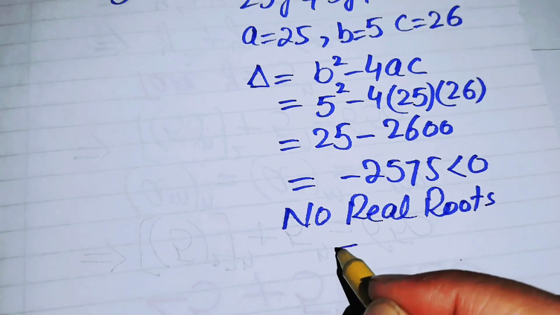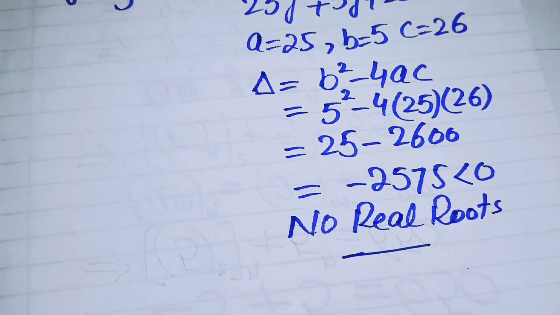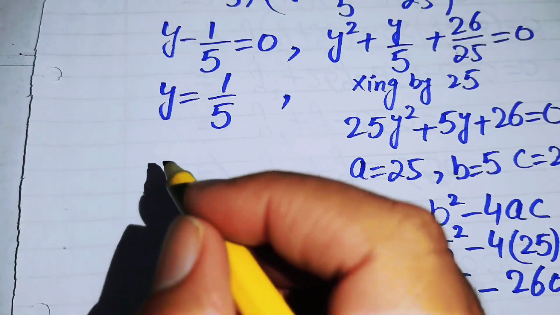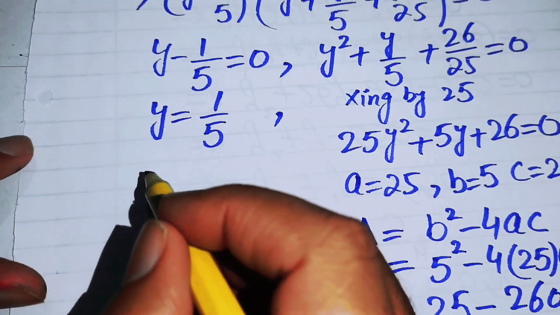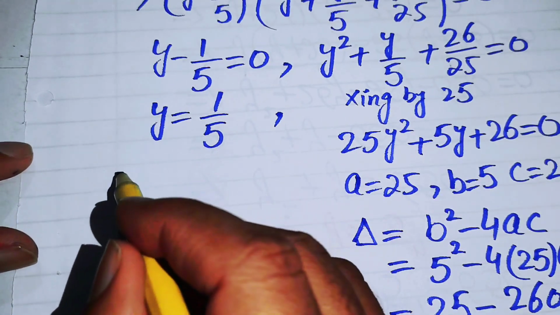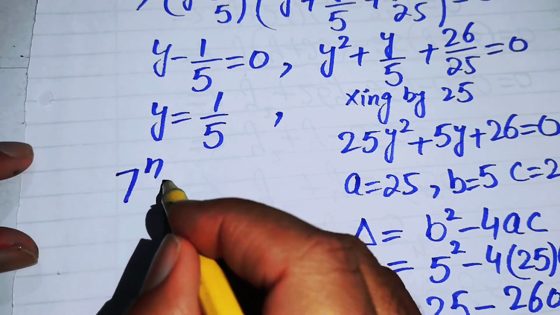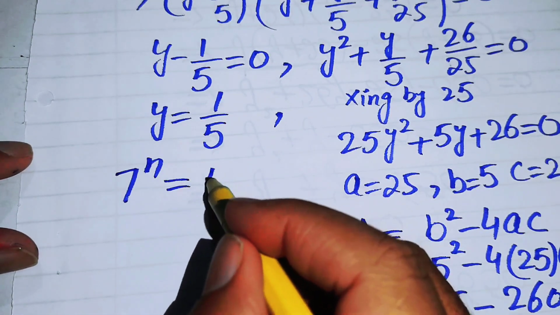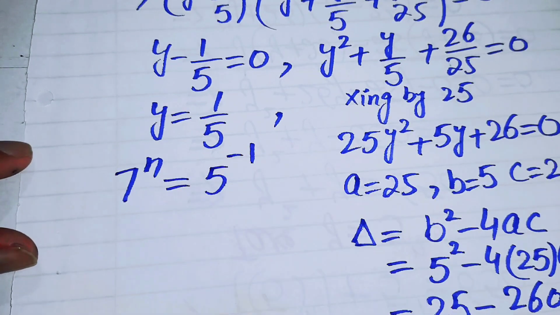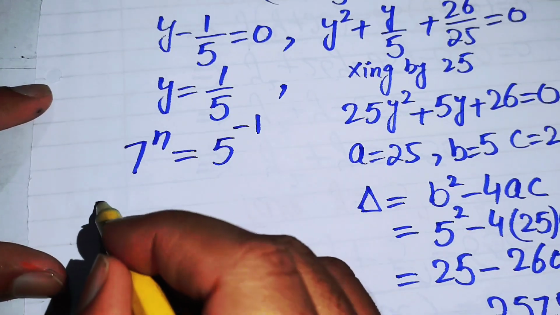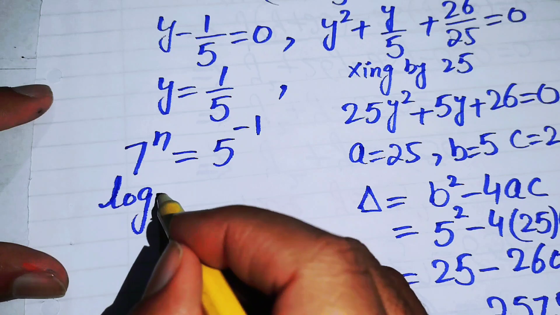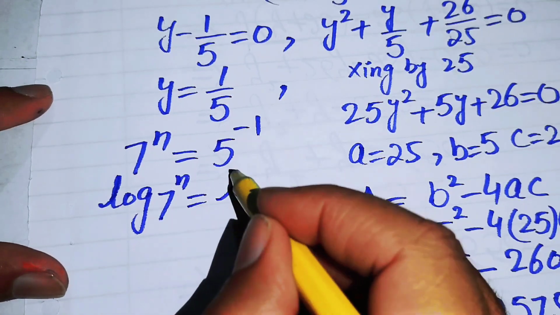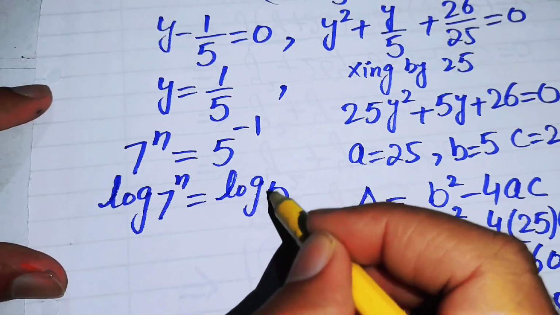So if it has no real roots then we will reject this case, and we will just proceed with this case only. In this case we will back substitute the value of y, and the value of y is 7 to the power of n. So we can move 5 upward and you get 5 to the power of minus 1, and now we will take the log on both sides and you will get the output in this form.